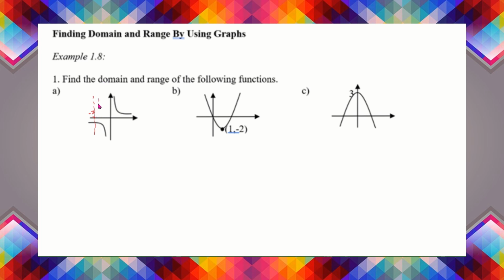If you continue drawing the line at negative 1 and it intersects the curve, negative 1 is also an element of the domain. When we continue drawing all the straight lines, you can see that they all intersect with the curve, so these values are part of the domain.